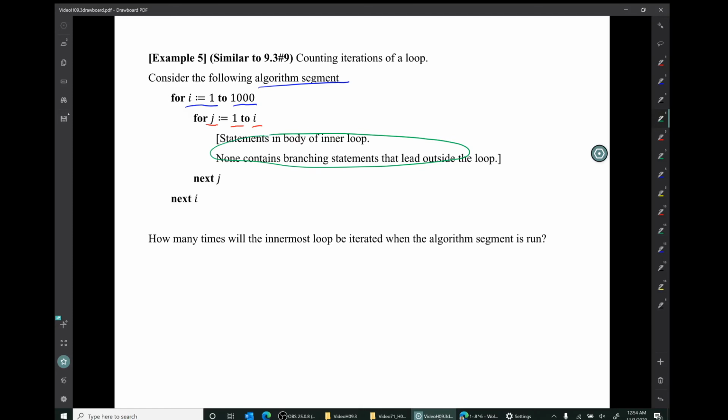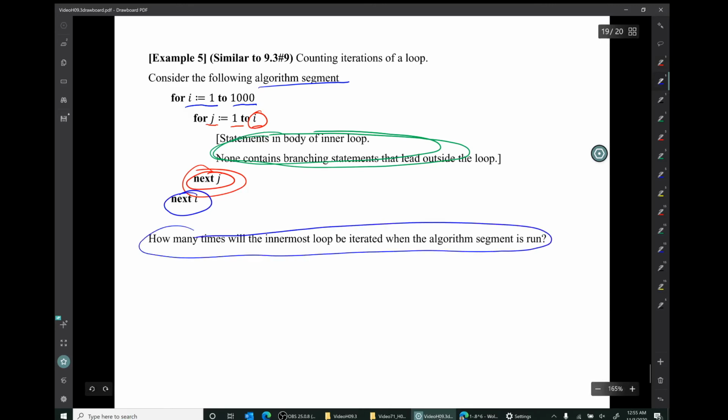So for a particular value of i and a value of j, the statements in the loop get performed, and then j gets incremented to the next value of j, and the statements in the loop get performed again. And then j gets incremented again, all the way until j equals the number i. And then i gets incremented to the next value, and we start the whole thing again. So the question is, how many times will the innermost loop be iterated when the algorithm segment is run?